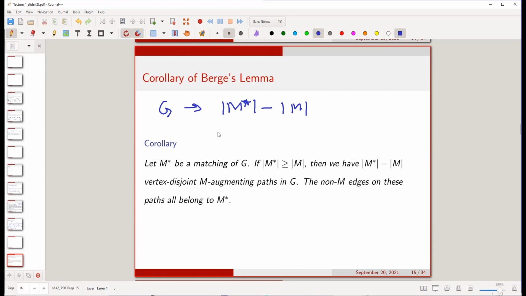So what do we have here? Suppose the size of M prime is 6 and the size of M is 3, then G will have 3 vertex disjoint M augmenting paths present in the graph. So we can get it from Berge's lemma.